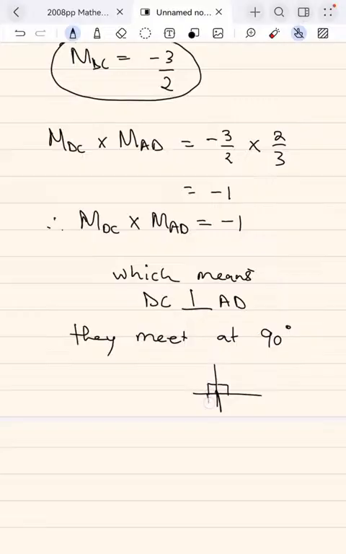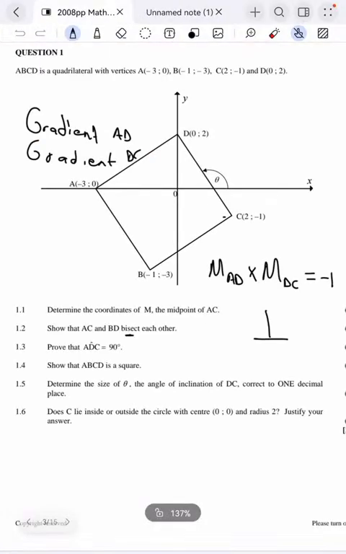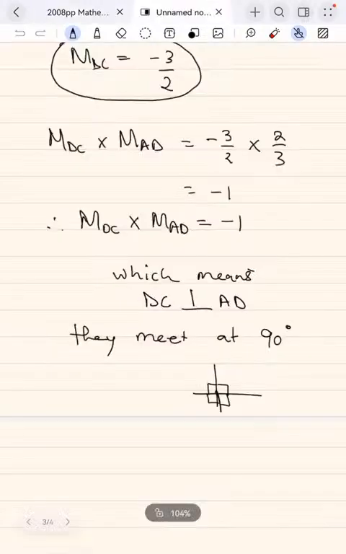When you go back here, this simply means if this was to be continued and this was to be continued, this would be 90, this would be 90, that would be 90, and that would be 90. And it proves our point that ADC, which is this, is 90 degrees. Okay, cool. Let's move on to the next one.